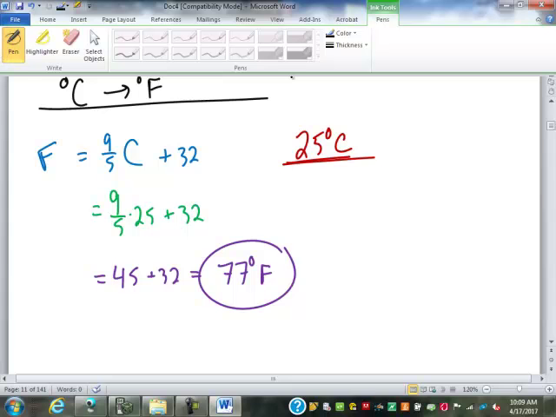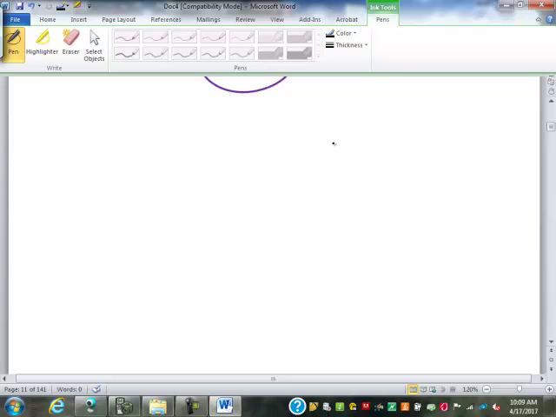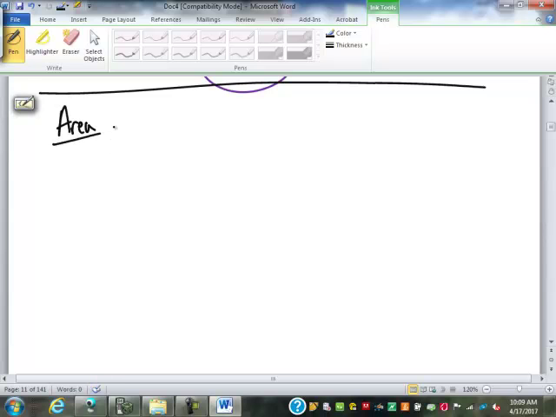Okay. We're going to cut a little bit short of time on this next part, but I do want to start talking about it just because it's important to have it out there. Areas. Our unit of area in the standard system is a square inch or a square foot.